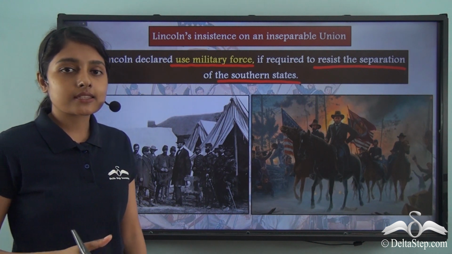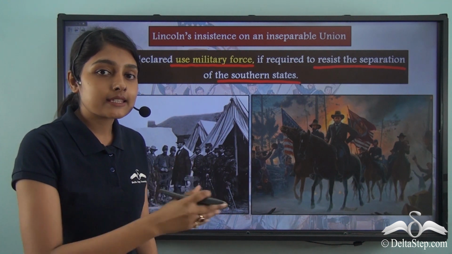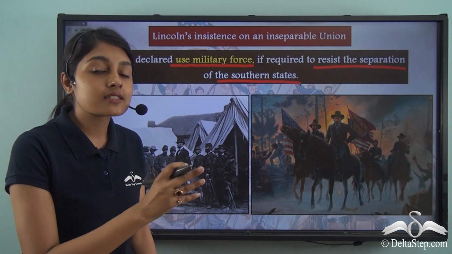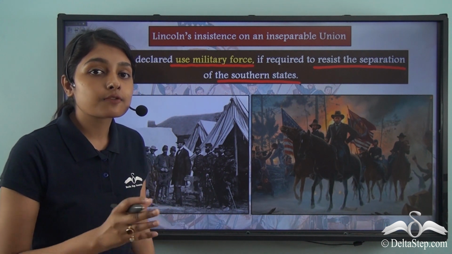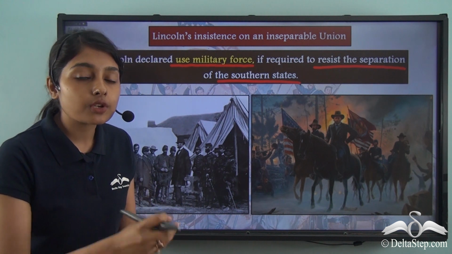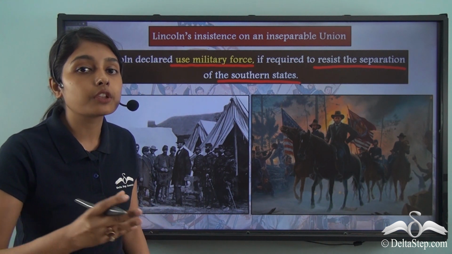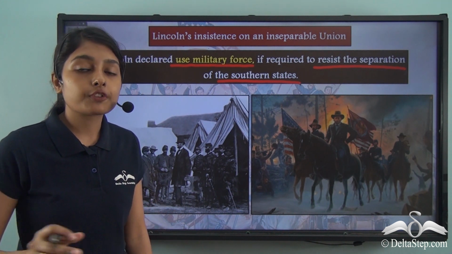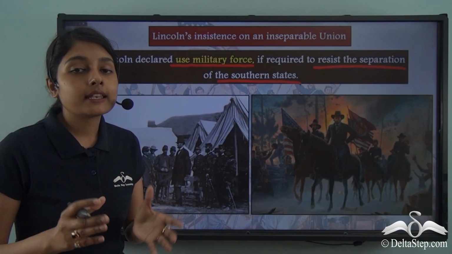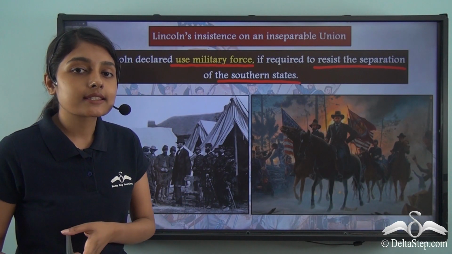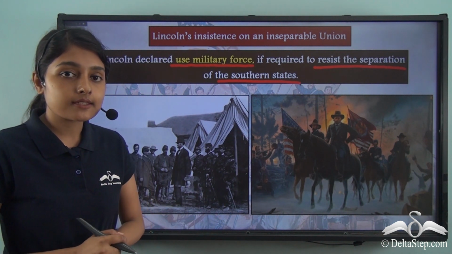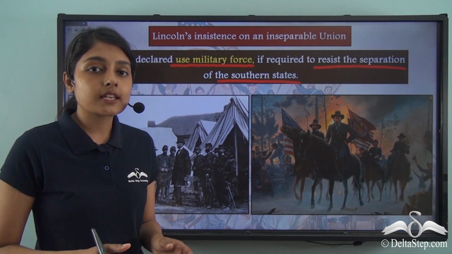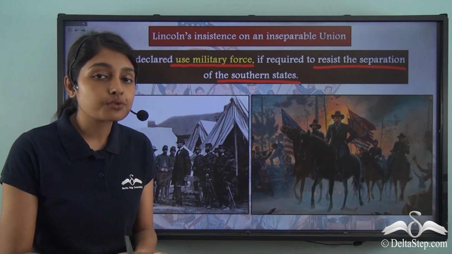The southern states had already begun seceding. The first 7 southern states had seceded, and 4 more southern states were also inspired by them, and together 11 states were now on the verge of joining the Confederate States of America. And Lincoln saw that the Confederate States together threatened the United States, because the United States was now broken into two halves.